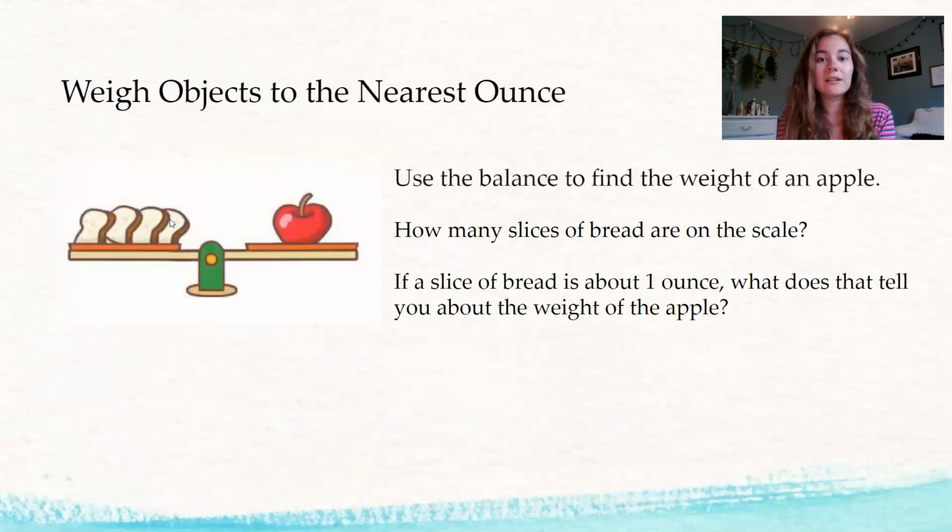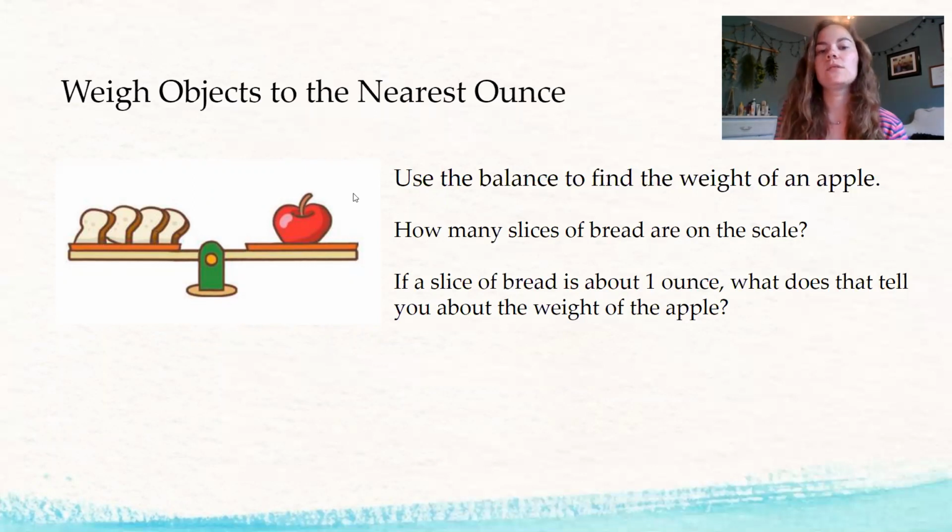So measuring to the nearest ounce, we're going to talk about this balance here. We know that these are the same weight because neither side of this is down more than the other. If one side was down more, then that side would be heavier. But because they're equal, it's straight across, we know that these are equal weights.